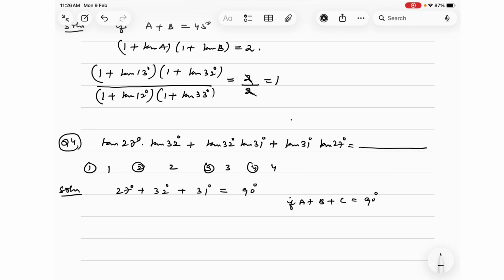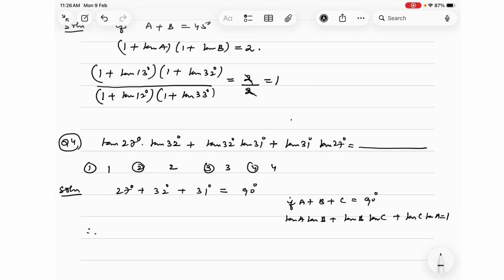Now earlier, in the concepts of compound angle, we wrote one result: if A plus B plus C is 90 degrees, then tan A tan B plus tan B tan C plus tan C tan A is always equal to 1.